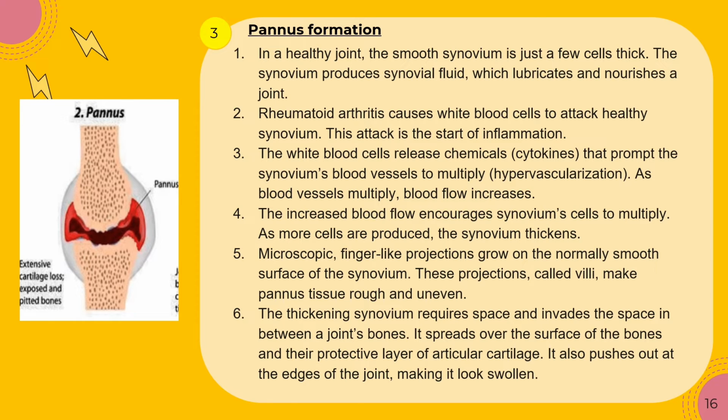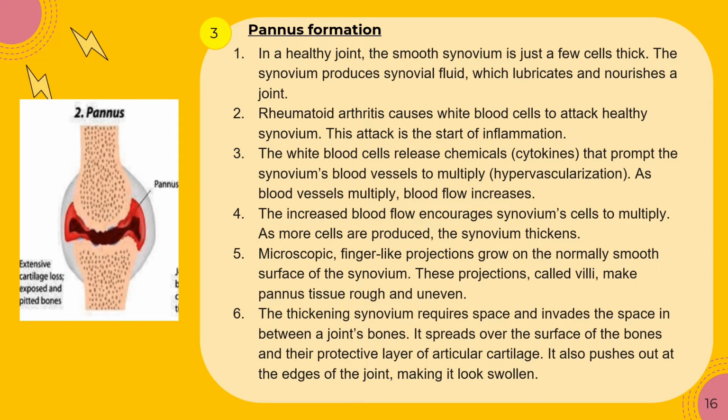Stage 3, there is a mass of edematous synovium, inflammatory cells, granulation tissue, and fibroblasts that grows over the articular cartilage and causes its erosion. In stage 3 also, there is a pannus formation.